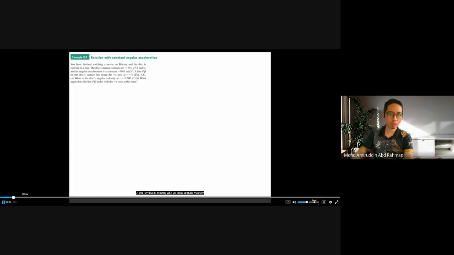The problem is Example 9.3. A Blu-ray disc is moving, and a line is drawn on it along the x-axis. Its angular velocity at t equals 0 is 27.5 radians per second. That's the omega.